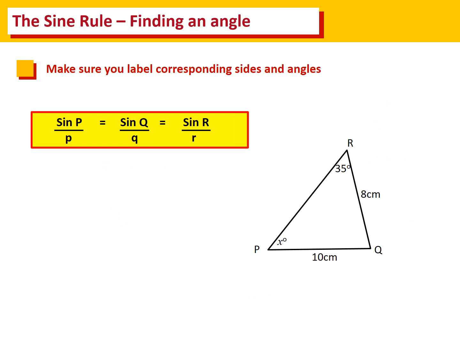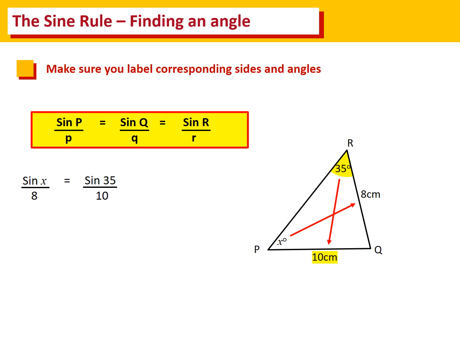In example 2, different letters, but that doesn't matter because it's simply about the angle and the opposite side. So we're trying to find angle x. The side opposite x is the 8 centimeters, so the ratio is sine x over 8. And then 35 degrees, the side opposite 35 degrees is the 10 centimeters, so that's sine 35 divided by 10.